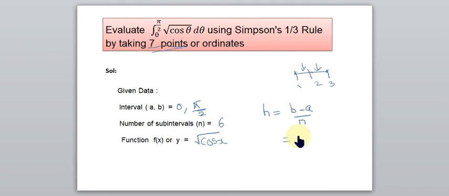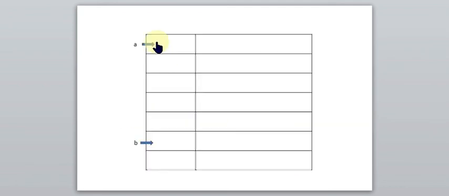In this case, 90 degrees minus 0 divided by 6 subintervals, so you'll get 15 degrees. Now let me see the points and the corresponding x values. These are the x values, and the y equals f of x, or root cos x, values we need to compute.